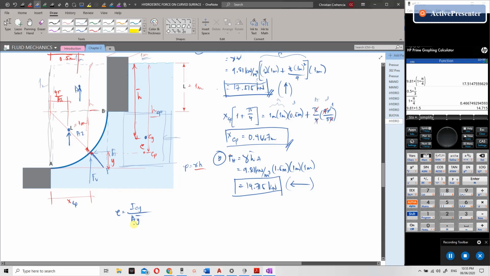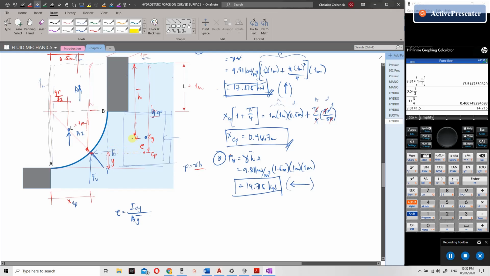But we can go directly to HCP, or YCP from the liquid surface to the CP. For an inclined surface, the distance Y is along the plane, from the liquid surface to the center of pressure.